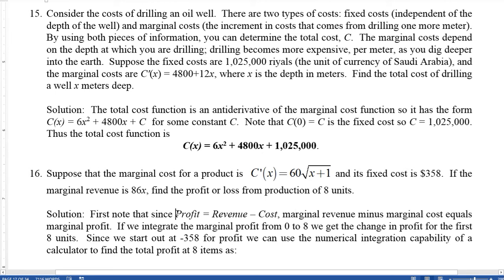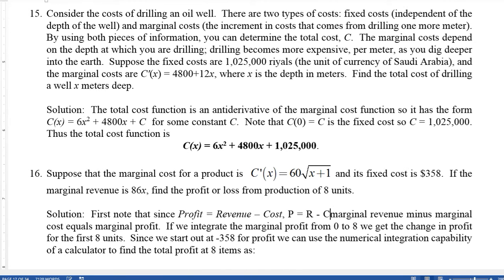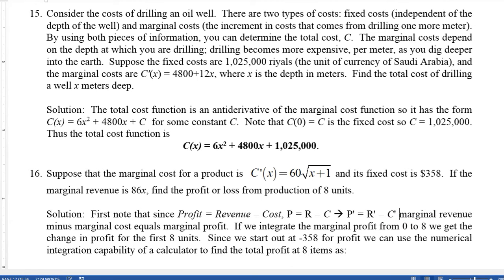So notice that we have this relationship: profit equals revenue minus cost, or P equals R minus C. That's going to imply that P prime equals R prime minus C prime by the sum rule for derivatives.